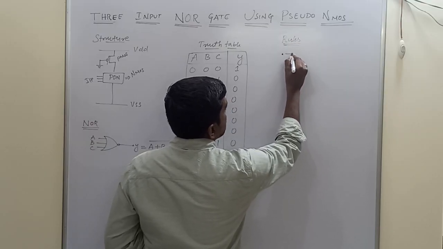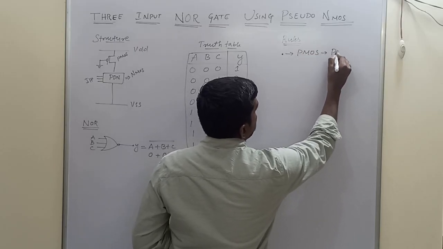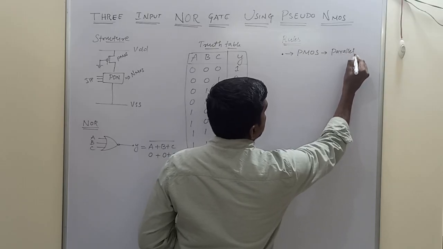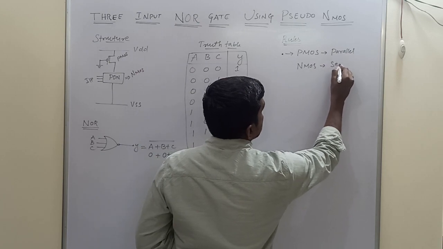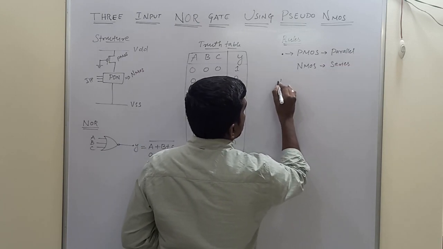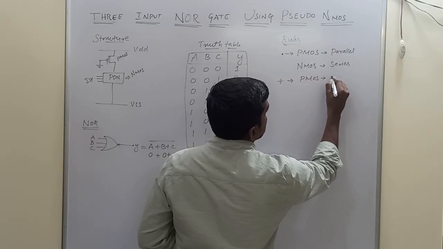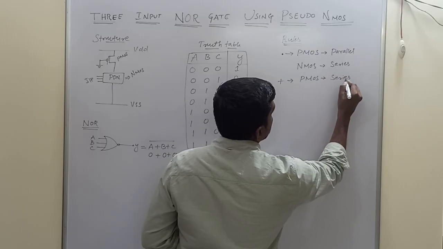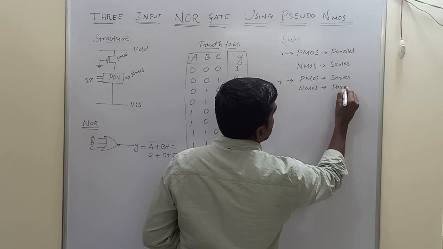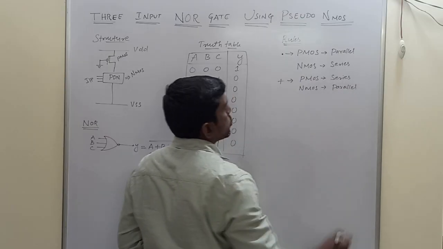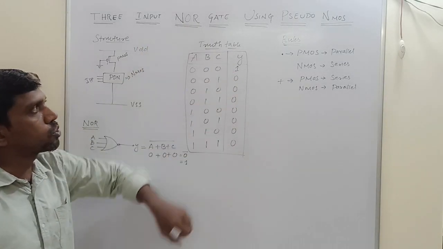If the dot operator is present in the Boolean expression, PMOS transistors are connected in parallel and NMOS transistors are connected in series. If the plus operator is present in the Boolean expression, PMOS transistors are connected in series and NMOS transistors are connected in parallel. Using these rules, now I am going to convert this 3-input NOR gate into pseudo NMOS logic.